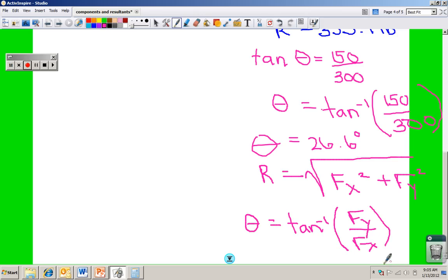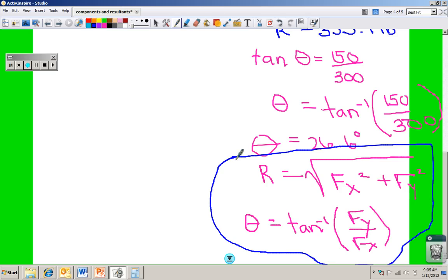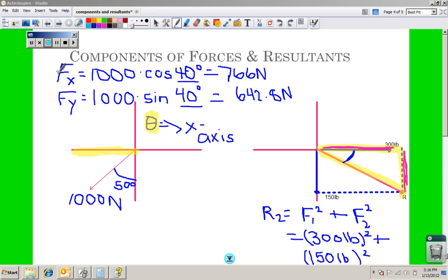Okay, so these are your two general formulas to find the resultant from x and y components. Okay, so let's try to find the next resultant.